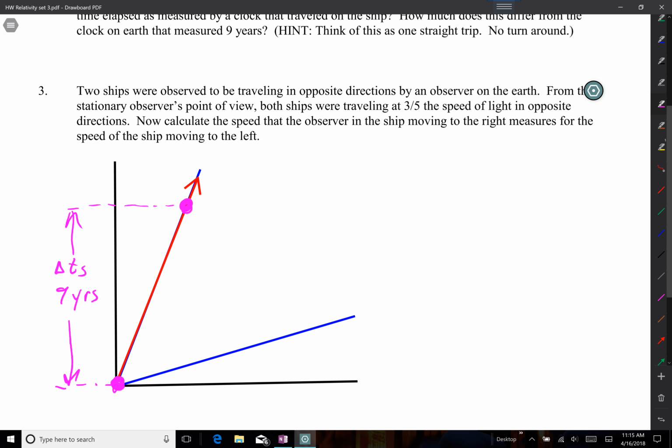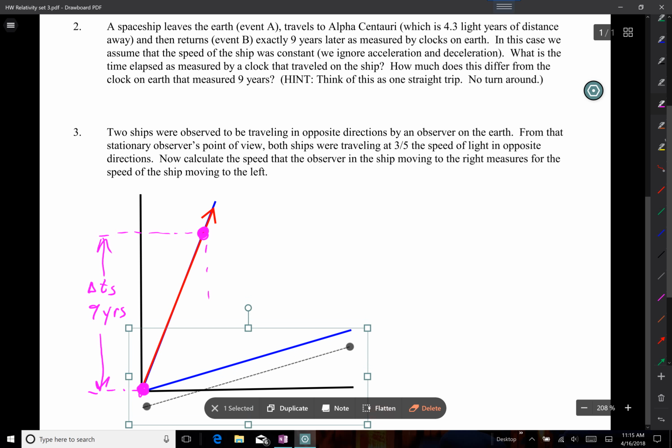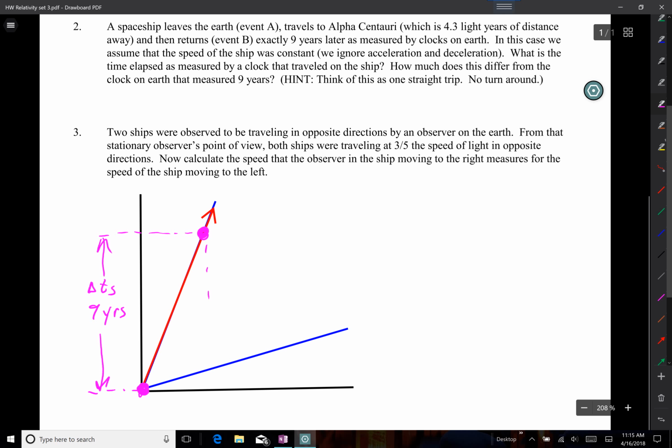And we're told that the distance it leaves and returns, this is delta XS, and this is going to be 8.6 years. How do I know that? Because I was told the distance is 4.3 light years, and it went and returned, 8.6 years.